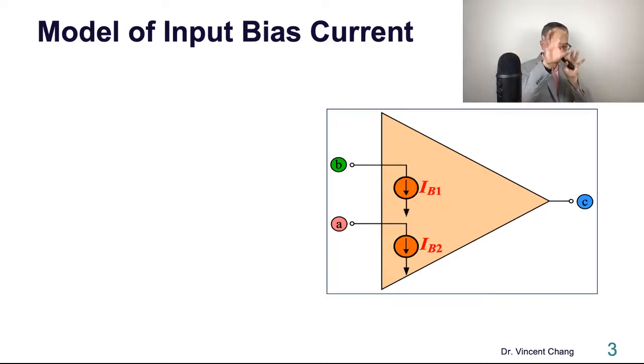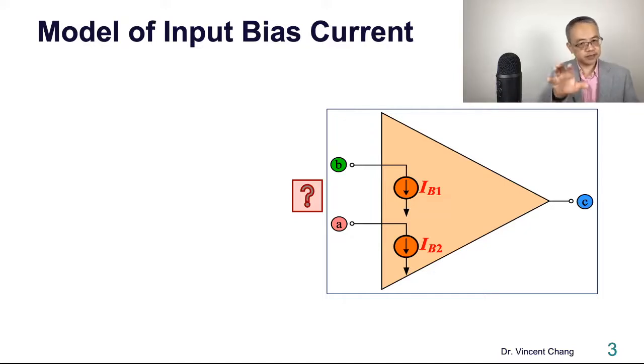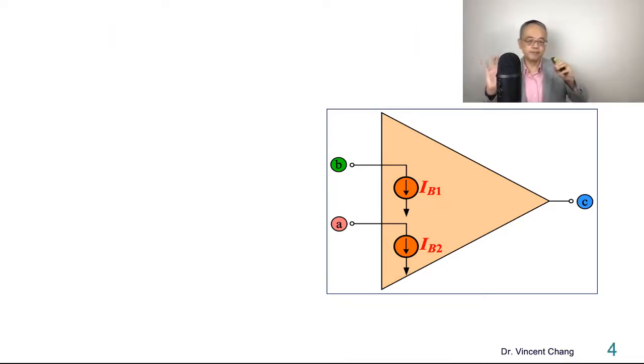So you use two current sources to represent the issue of the input bias current. But why do we have to add the two current sources to represent this issue? Again, this question can only be answered completely in the area of analog integrated circuits.